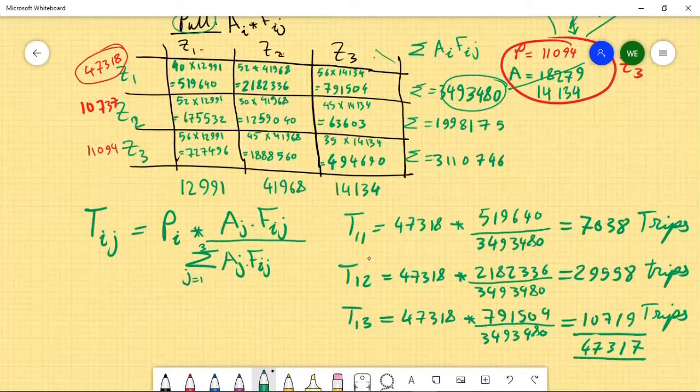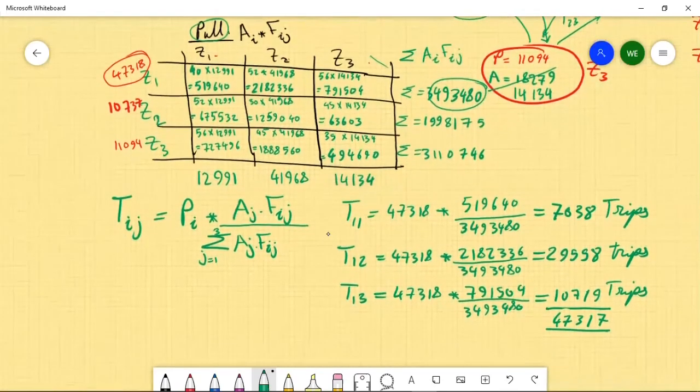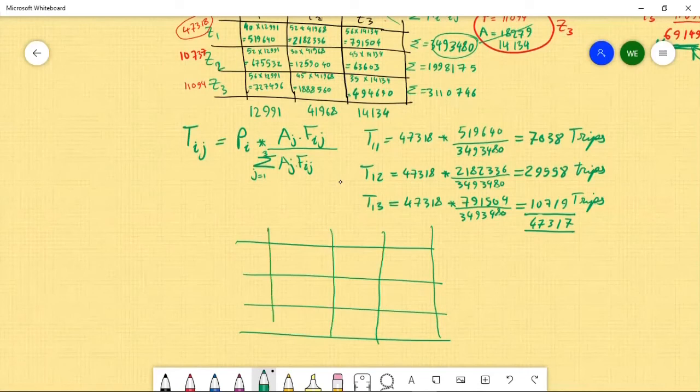You are going to do this for all the zones. And after that, we will come to another problem that will face us, that we have to do another iteration. As we can see, we have zone 1, zone 2, zone 3, and this is zone 1, zone 2, zone 3.